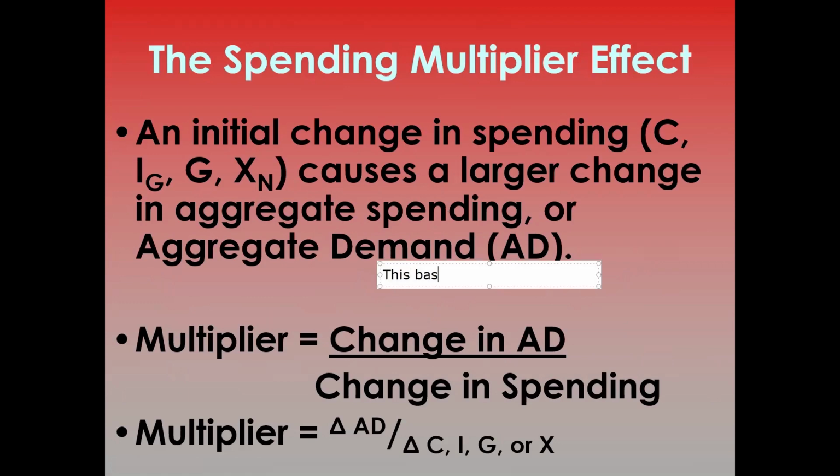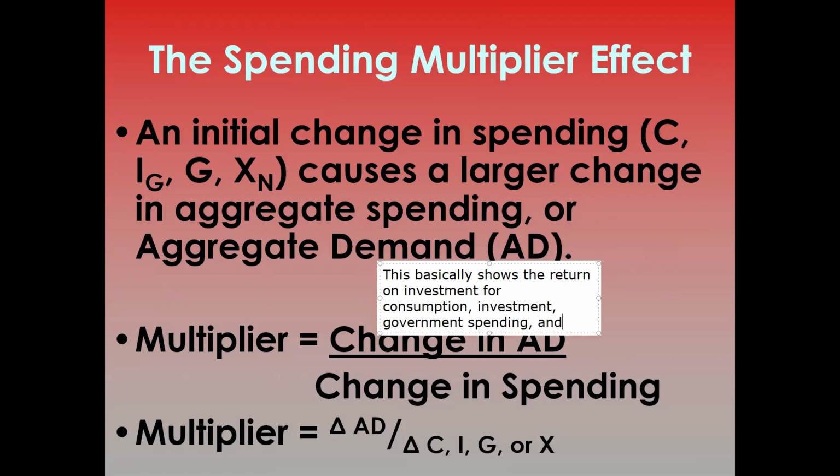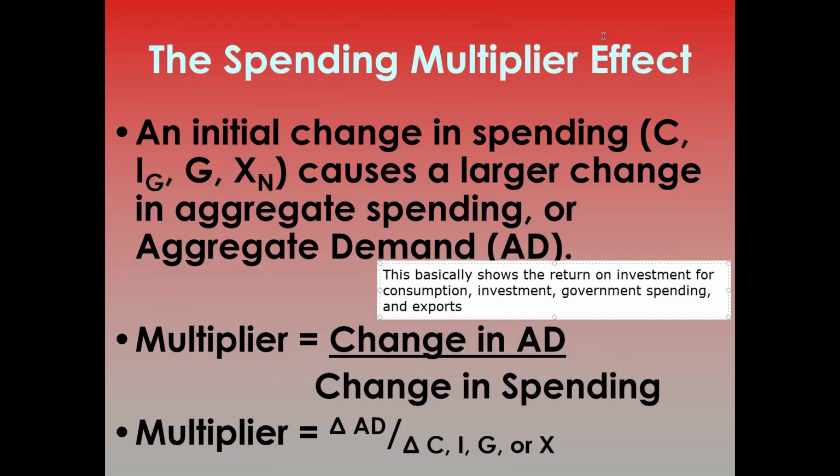So this basically shows the return on investment for consumption, investment, government spending, and exports. So it shows the type of return you get on increasing that. So it shows if it's a good investment.